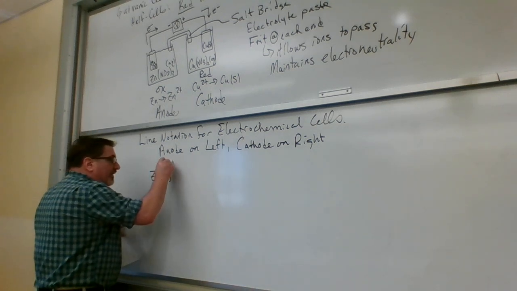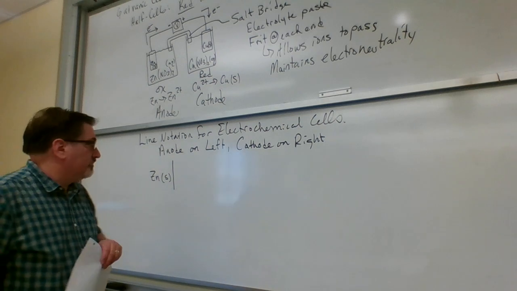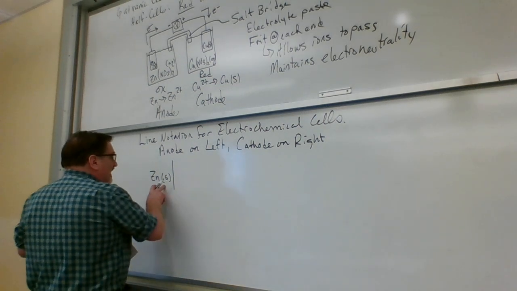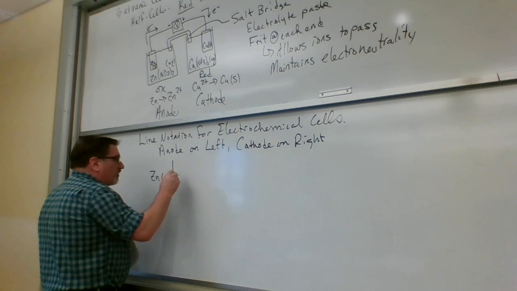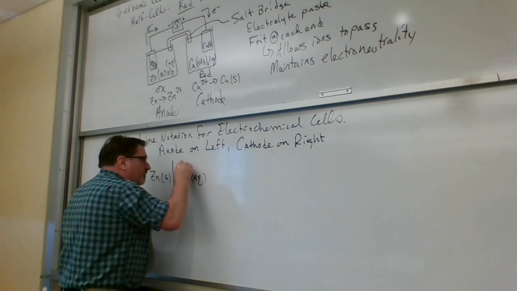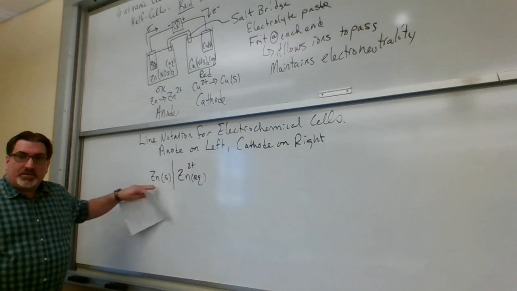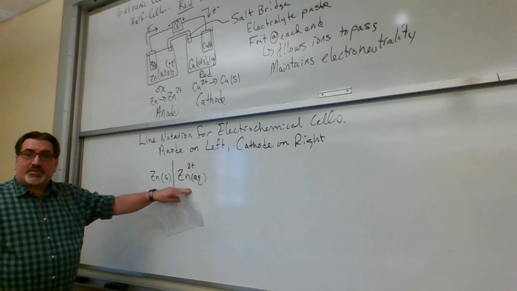The phase boundary is a single vertical line. So Zn as a solid in equilibrium with Zn2+ aqueous. This is the left half of the cell. Zinc oxidized to zinc 2+.